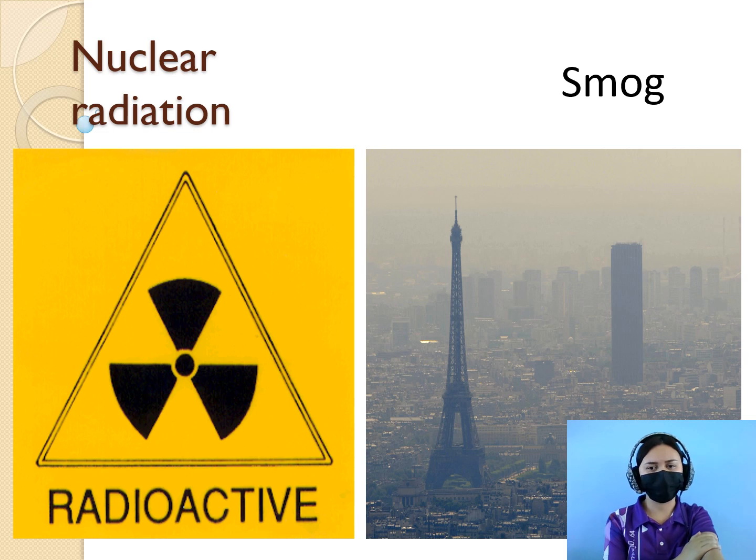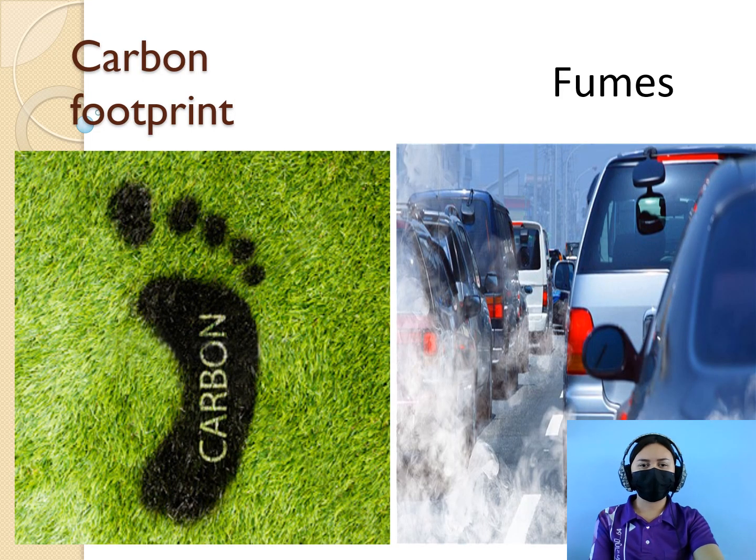Smog. You see in the picture, smog is a combination of smoke and fog. Smoke and fog equals smog. It's like air pollution, so you cannot see the place clearly because of smog.